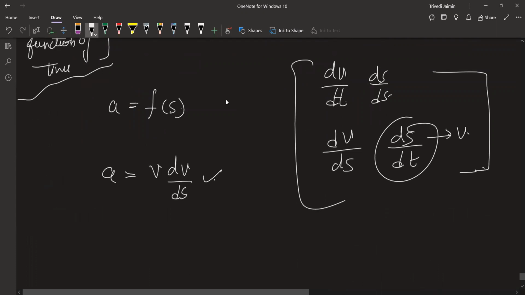Now, if I want to find the v value or dv value, what will we do here? Integrate here. a ds equals v dv. Integration.